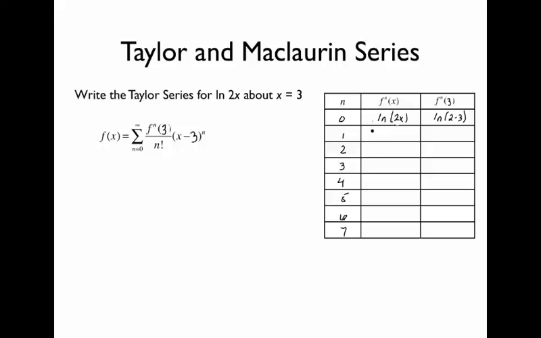Okay, first derivative: 2 times 1 over 2x. At that value it would be 2 times 1 over 2 times 3.